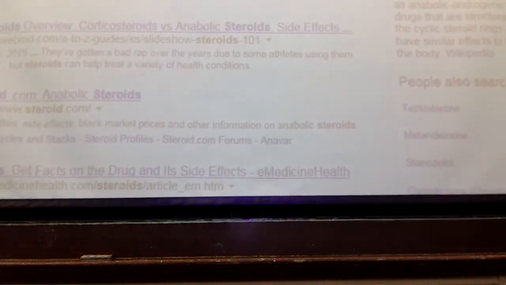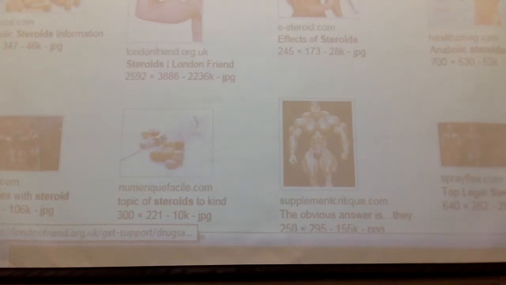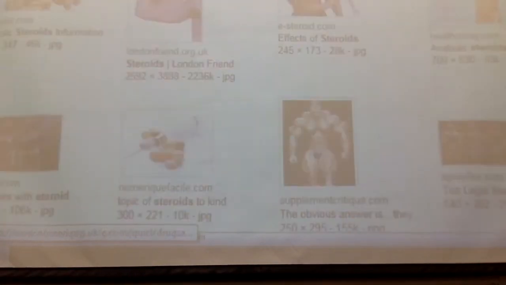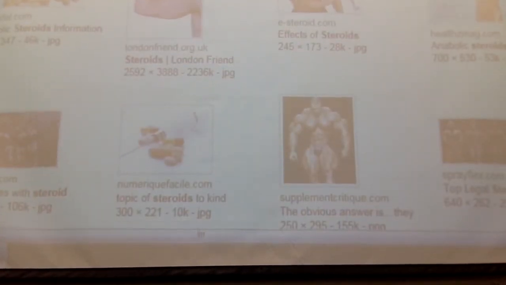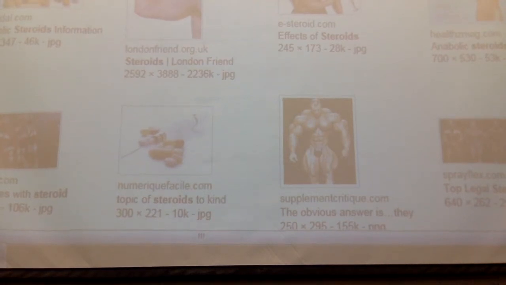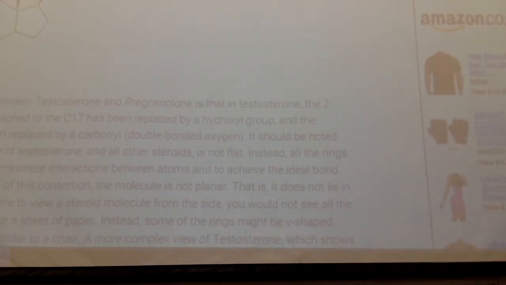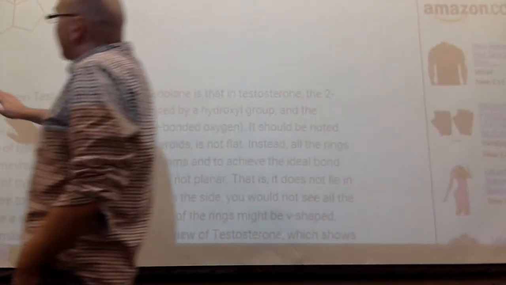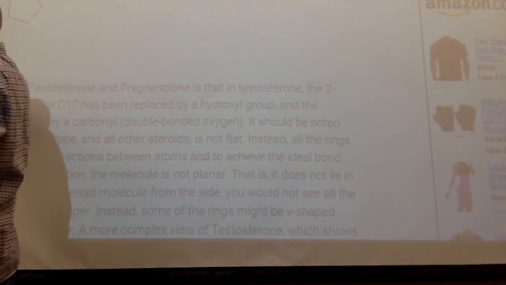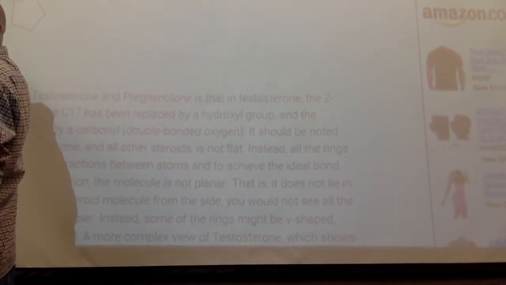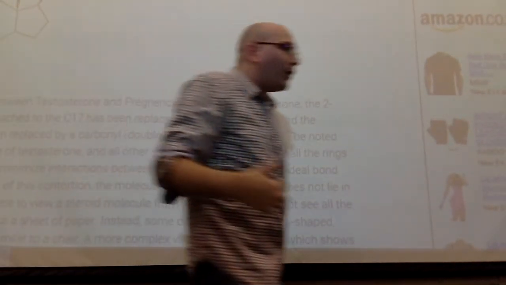So for example, steroids. It's not the images I wanted. Steroids, structure. So for example, here's a sterol. This is testosterone, for example. So you see testosterone, it has this 6-6 ring system. And then you actually have a methyl group at that position, similar to what I had shown before.